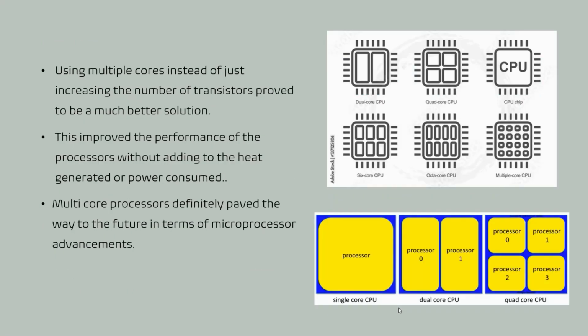Using multiple cores actually increases the performance of the microprocessor without increasing heat production, and did not cause any problems in power consumption, so it was considered a win-win for everyone. These multi-core processors paved the way to the future of microprocessor advancements.